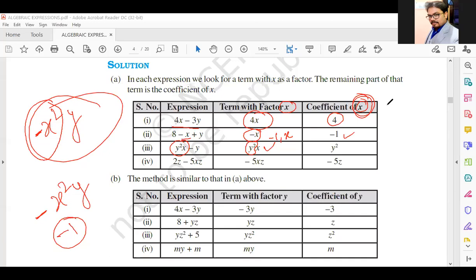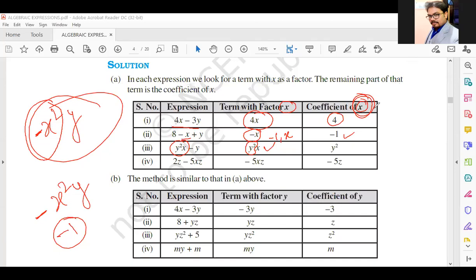In a numerical coefficient only numbers will be there, while in a coefficient of a particular variable, sometimes it will be numbers, sometimes variables.